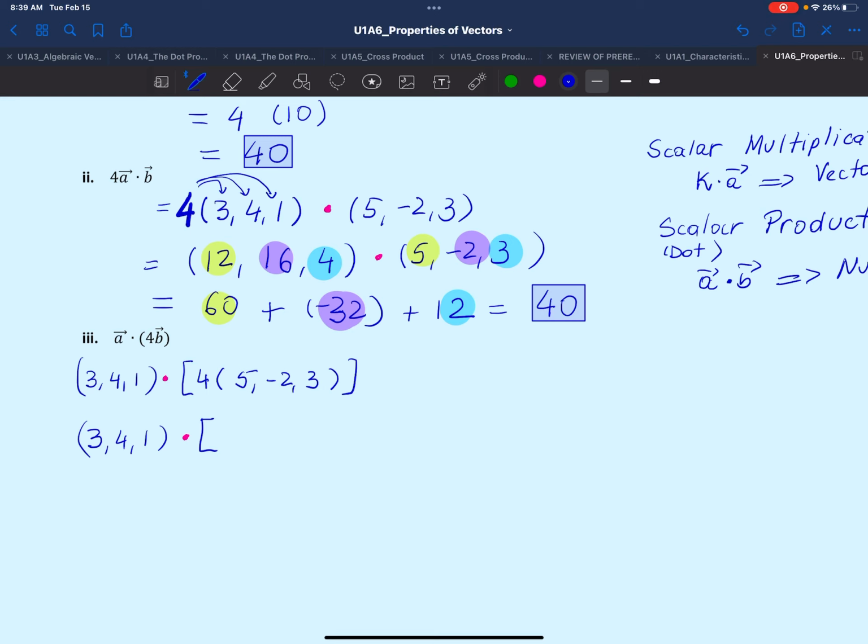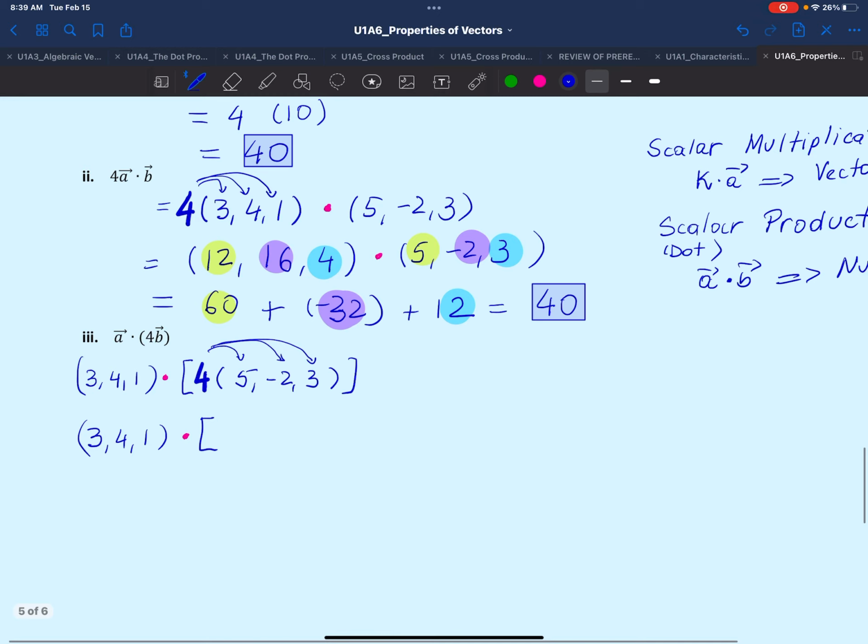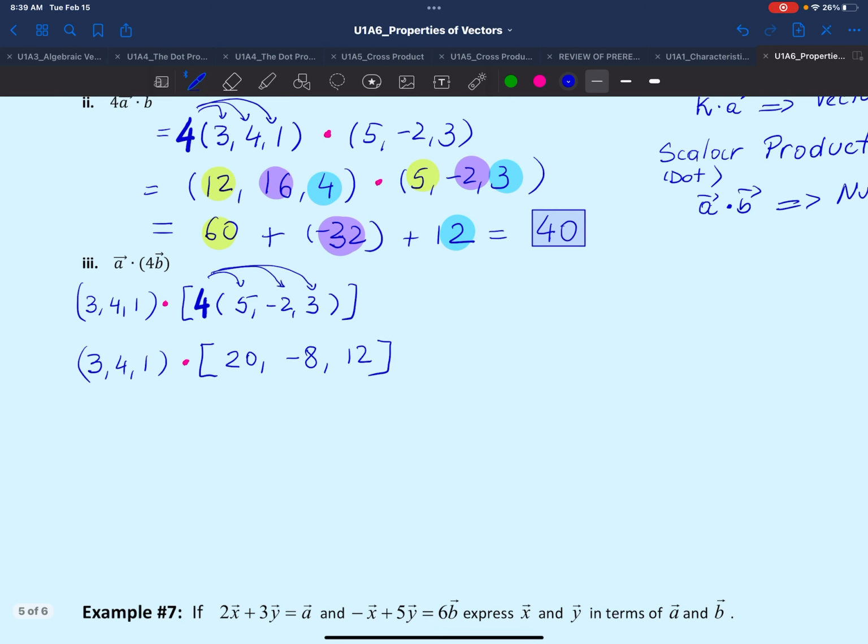Again, similar to what we did in the previous example, the scalar 4 will multiply every coordinate. So it will produce a vector with coordinates 4 times as big. So then we have 20, negative 8, and 12. Remember that we obtain another vector here, which means that we have to write the answer in a set of 3 coordinates form.